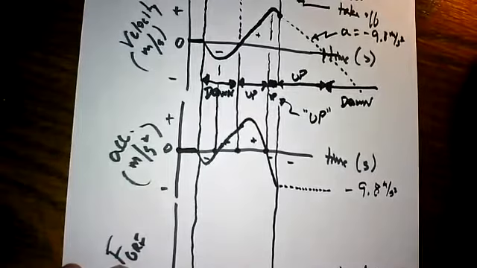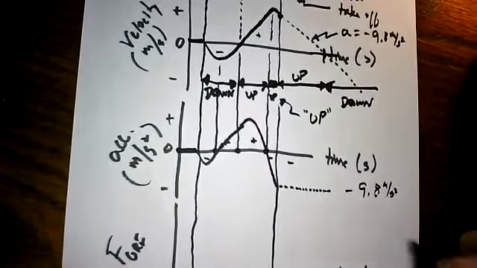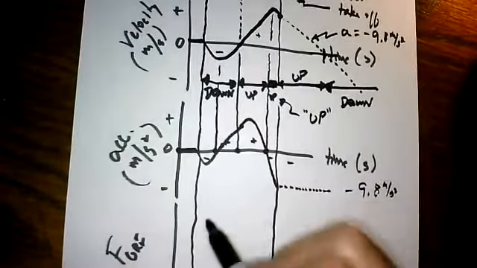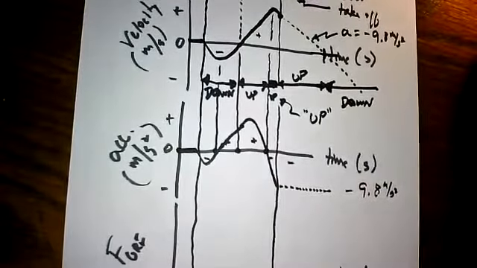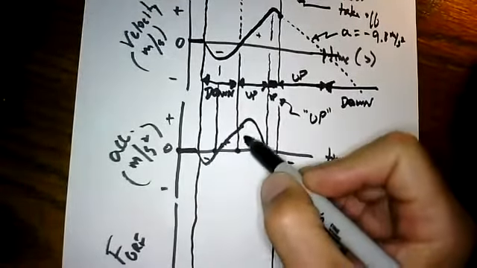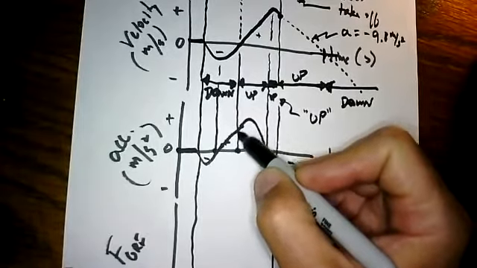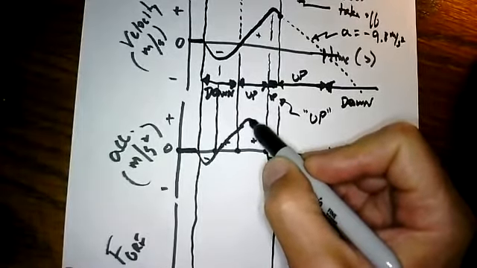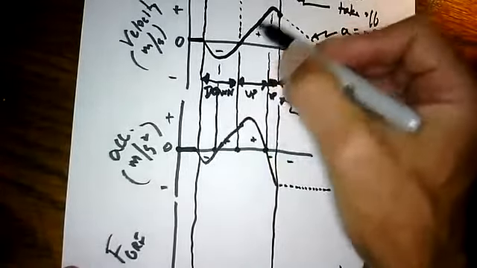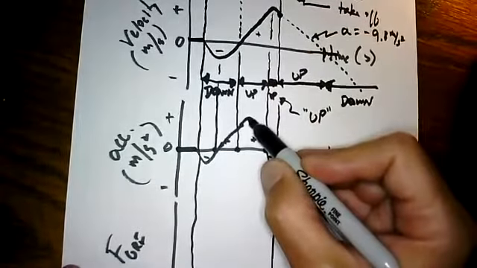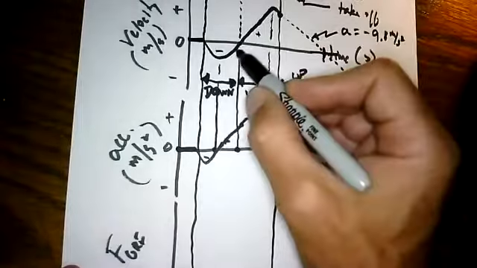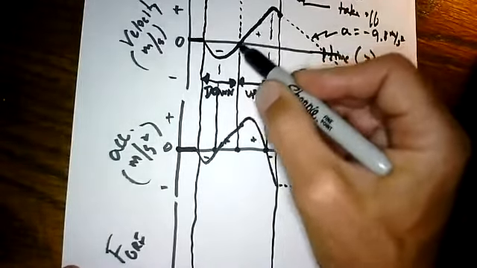So now I have regions of positive acceleration, regions of negative acceleration. Now notice, sorry, that was a mistake to put that there. I did not make this peak be any particular spot in here. And the peak acceleration can happen anywhere in this region.